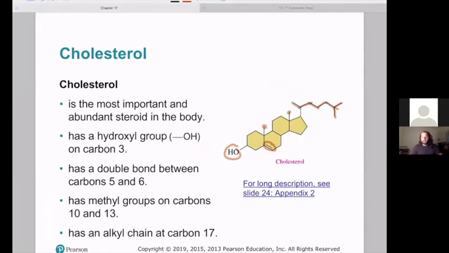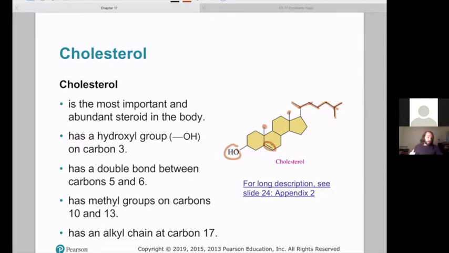I'm not going to expect you to memorize the structure for cholesterol, just FYI. I do want you to know that it's the most important steroid that we have in our body, and the reason is because it's the building block for all the other steroids. So cholesterol is the steroid that we get through our diet, and then our body transforms it into the other steroids that it needs.